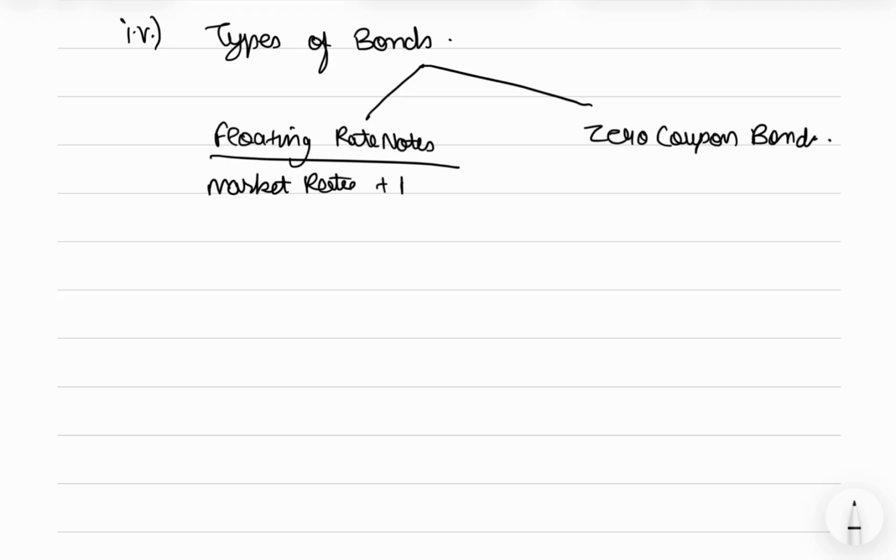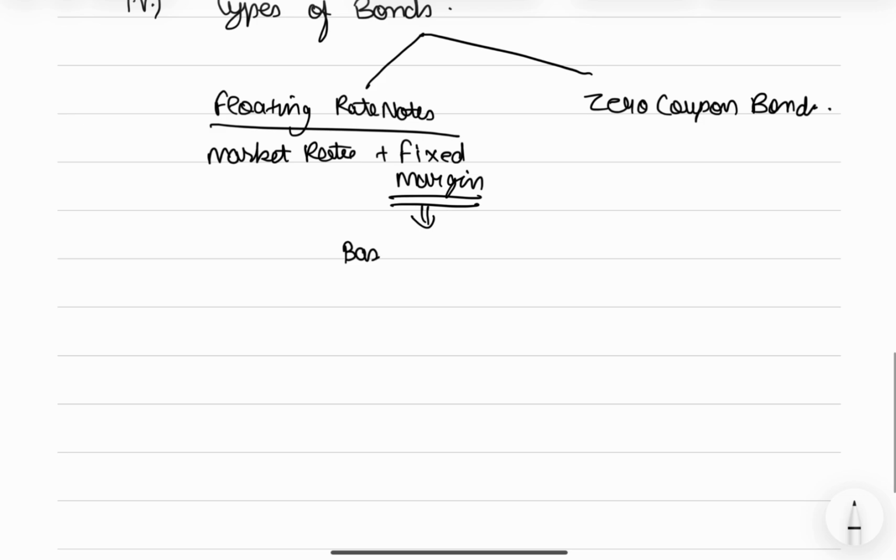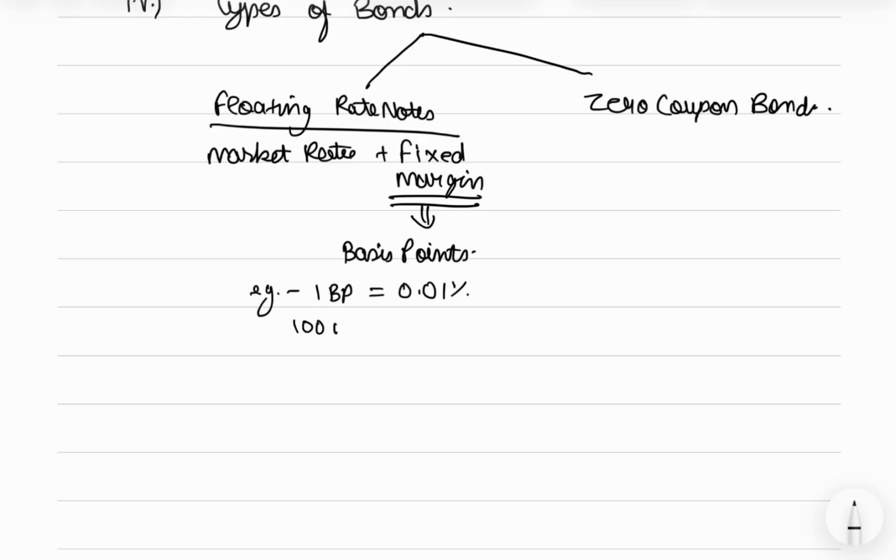This fixed margin is usually denoted in basis points. Basis points are used to express small changes in the interest rate. For example, 1 basis point means the fixed margin would be 0.01%. If it is 100 basis points, it becomes 1%.